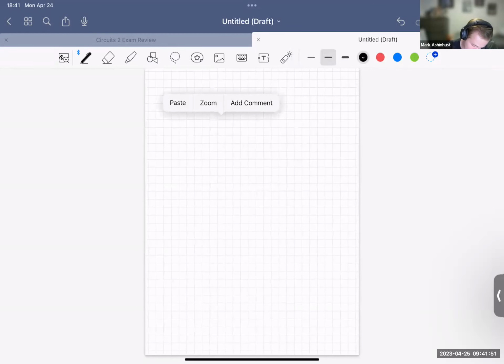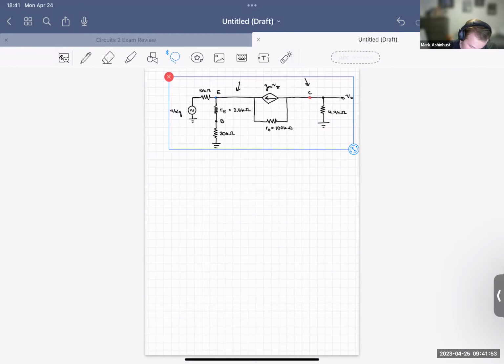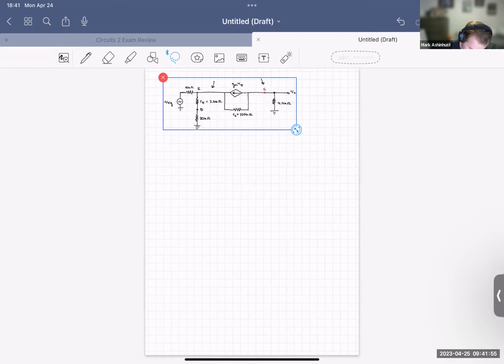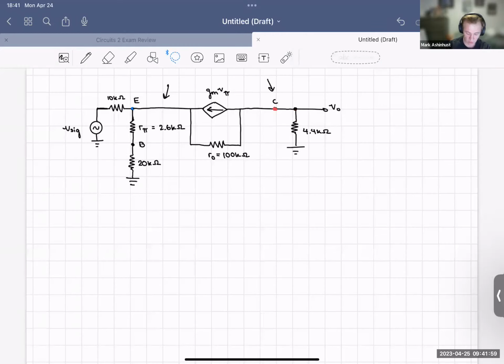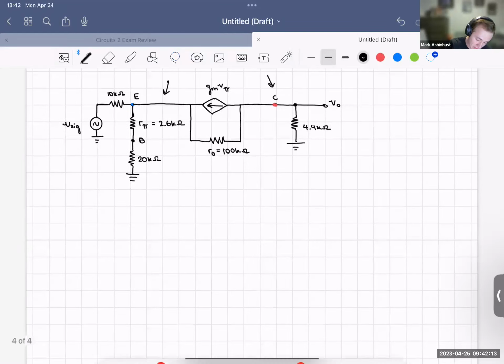So the first thing we're going to do, let's do input impedance before we do output impedance. We'll have to do both. It doesn't matter which. So when we're doing impedances, we're going to short the voltage sources and open the current sources except for the voltage controlled or current controlled ones.